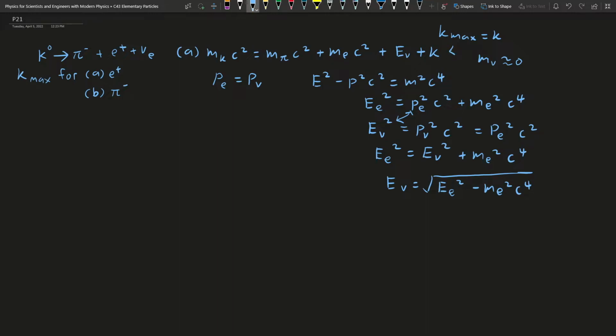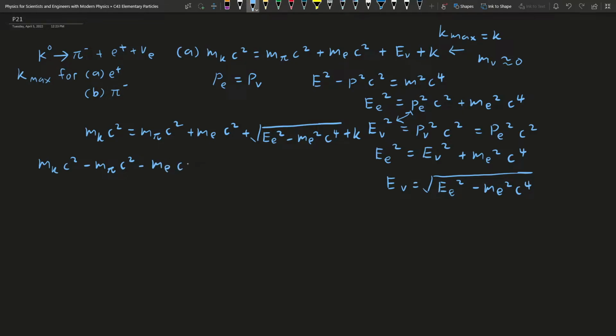Now we substitute this back into this equation here. We have m_K c² equals m_pion c² plus m_e c² plus the square root of E_e² minus m_e²c⁴, plus K. We rearrange: m_K c² minus m_pion c² minus m_e c² minus K equals the square root of E_e² minus m_e²c⁴.